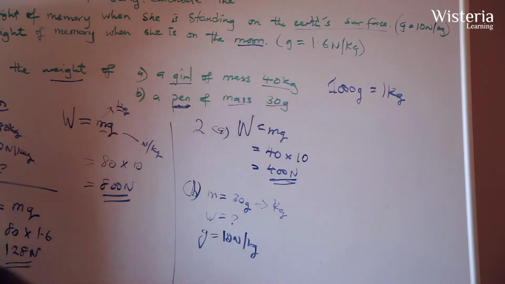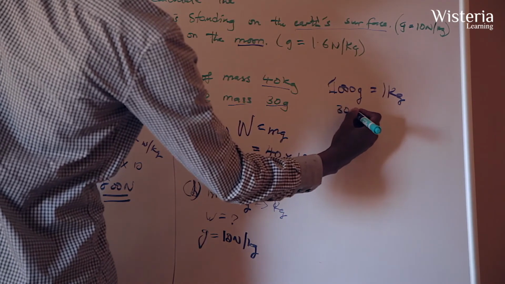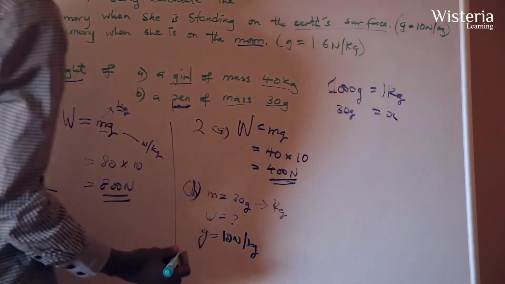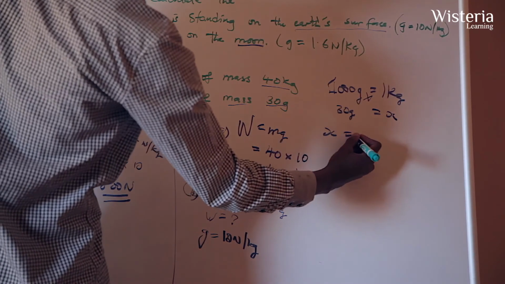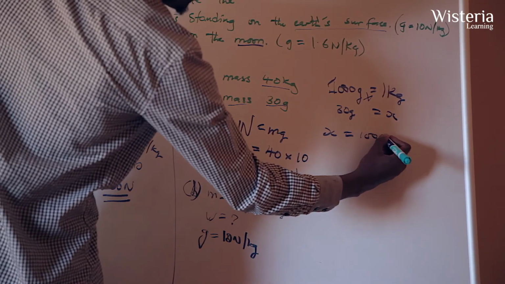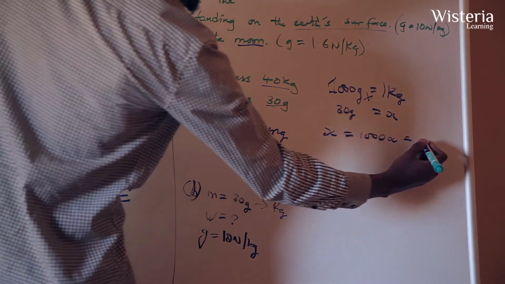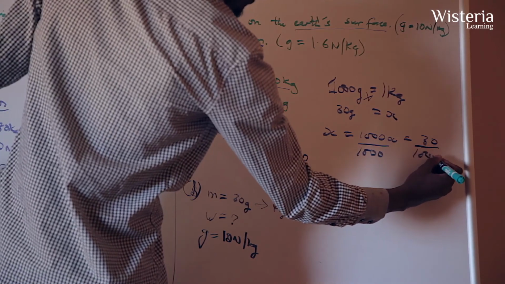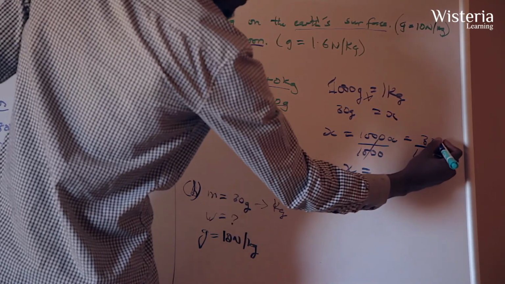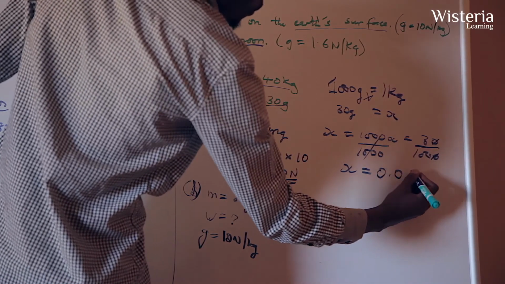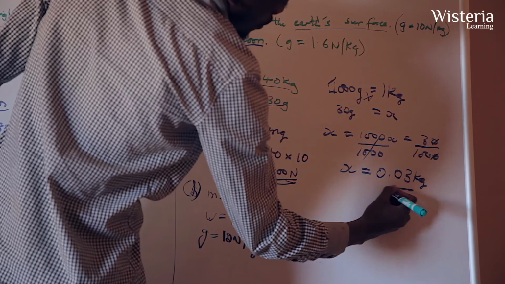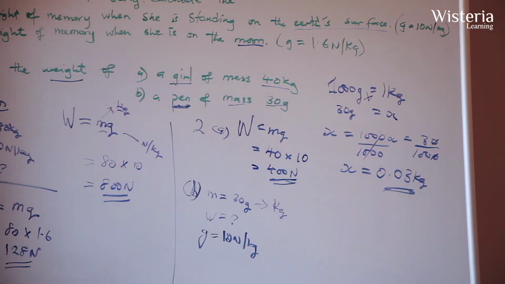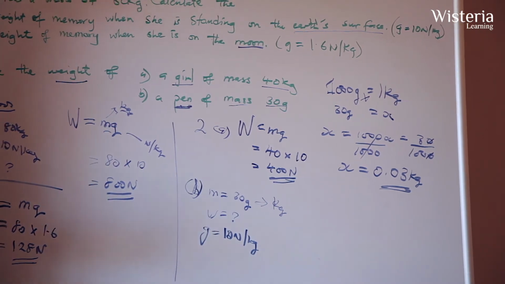So if you want to find how many kilograms equal 30 grams, then we'll say x and make x the subject of formula, and we'll have 1000x will equal 30. Divide both sides by 1000. Therefore our x is the same as saying 0.03 kg. So that's how you calculate your mass there, and it will equal 0.03 kg.